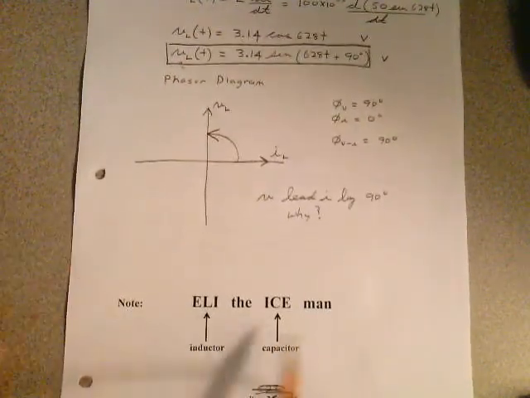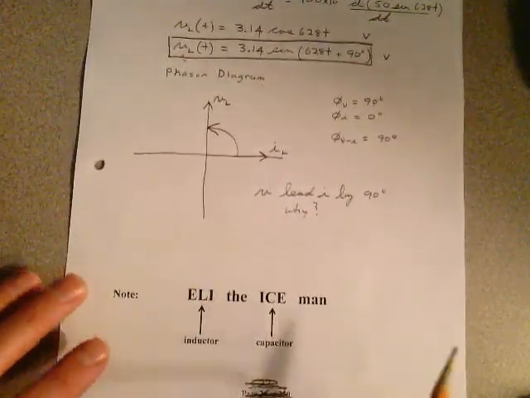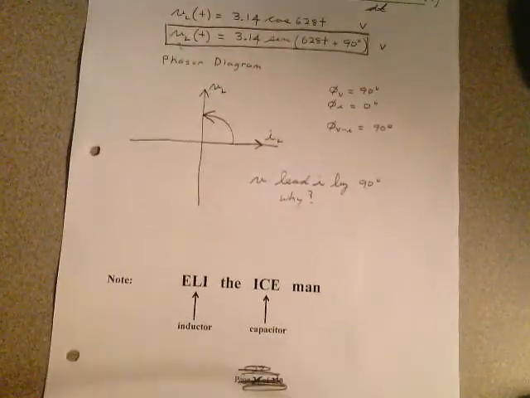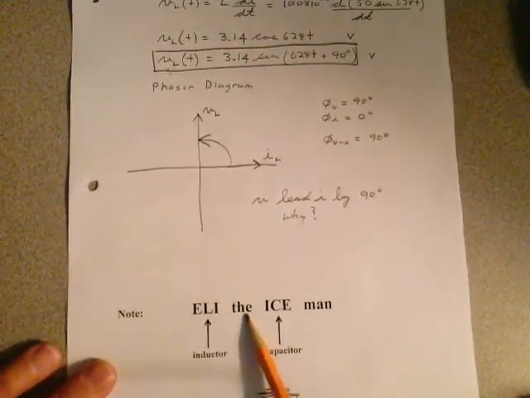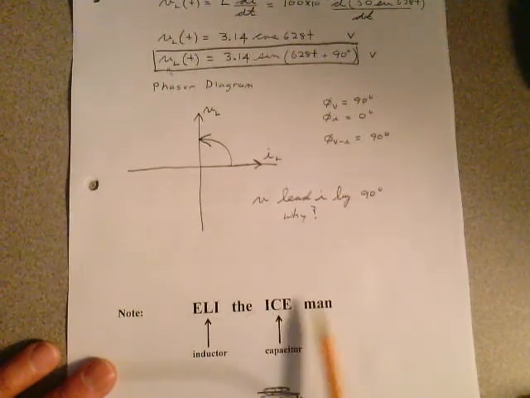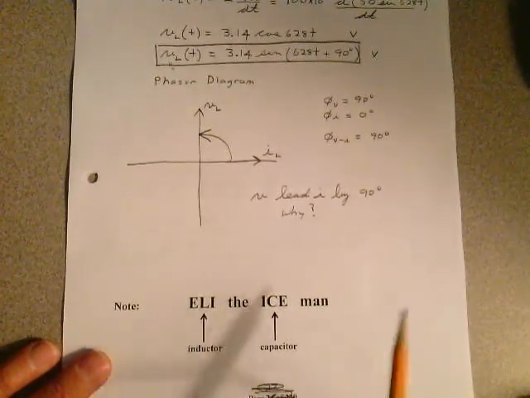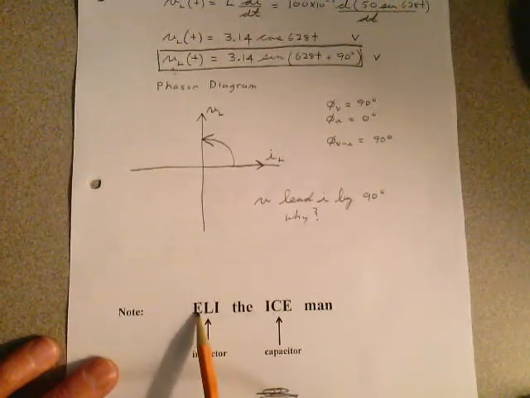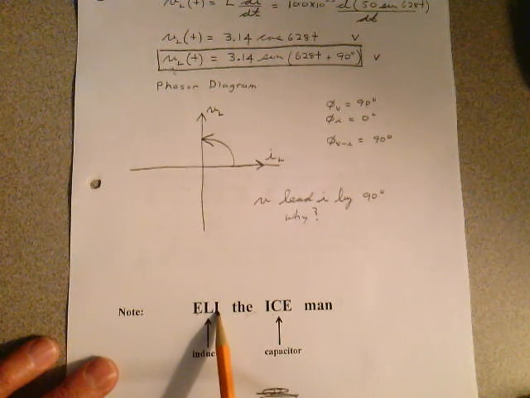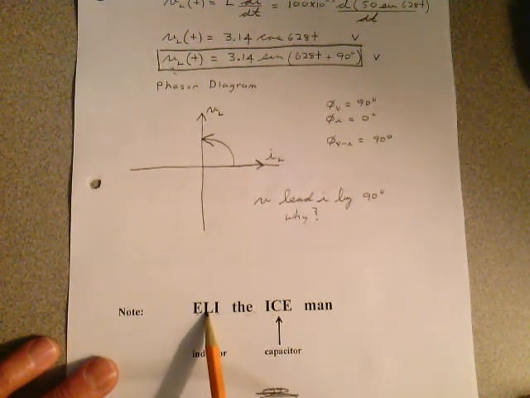Here's a little note that you might find useful. I don't find it very useful, but in some programs they give it to you. You'll hear people talk about Eli the Iceman. Little note to help jog your memory. The source of EMF, the voltage, leads the current in an inductive circuit.